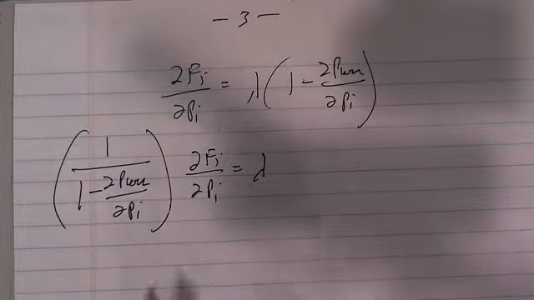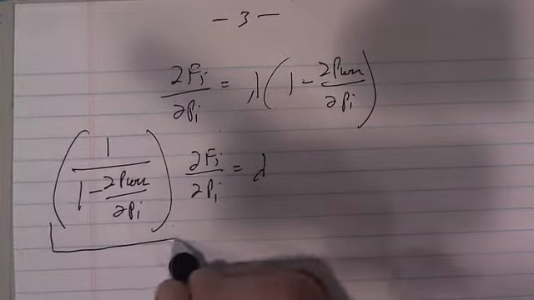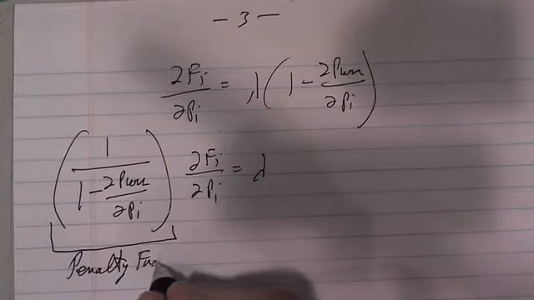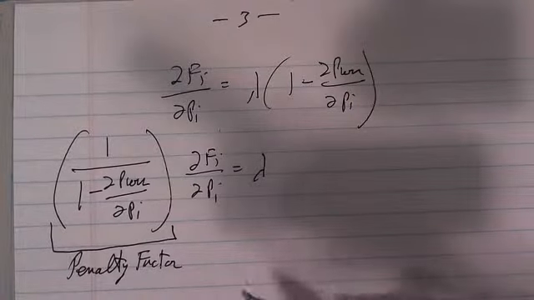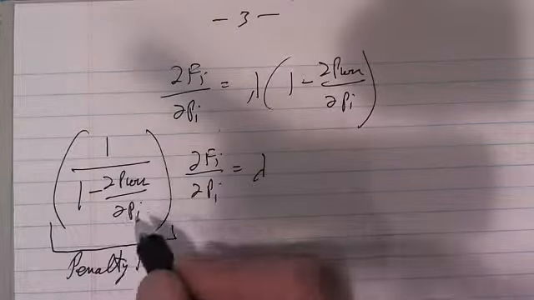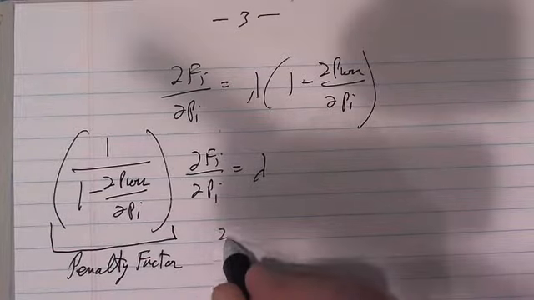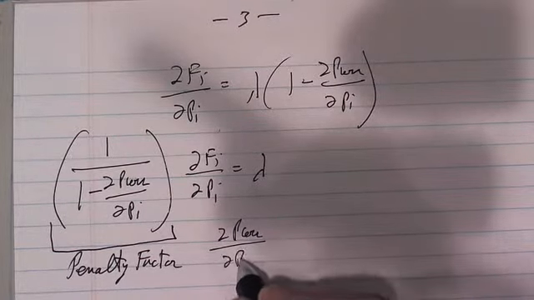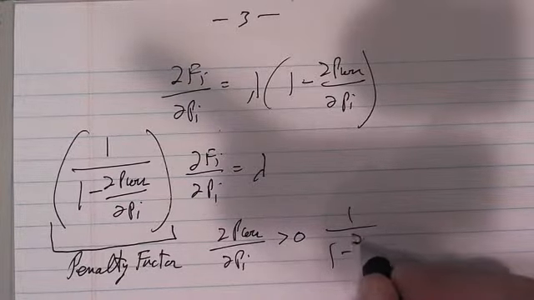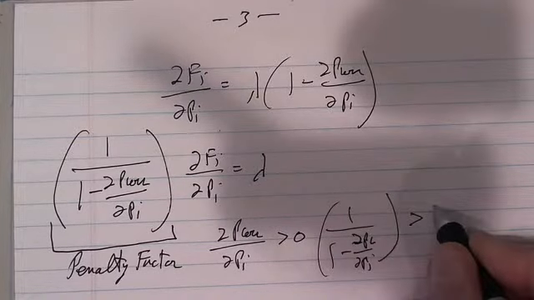Anyway, what I'm going to do now is state that this is called a penalty factor. Now notice that if dP loss dPi is a positive number, greater than 0, then 1 over 1 minus dP loss dPi is greater than 1.